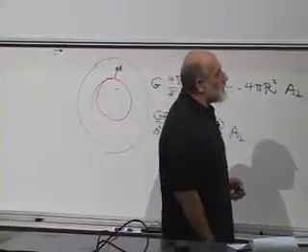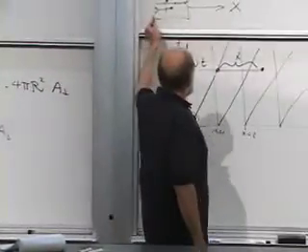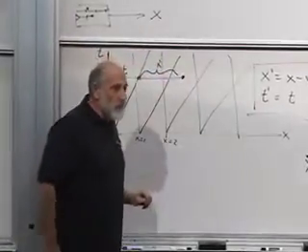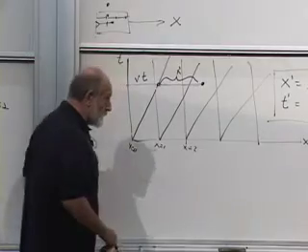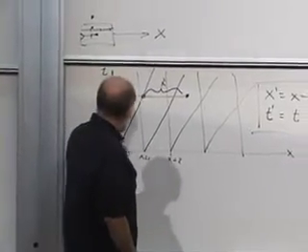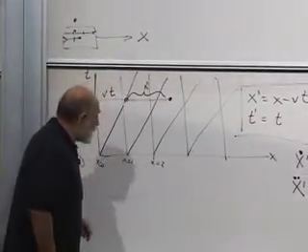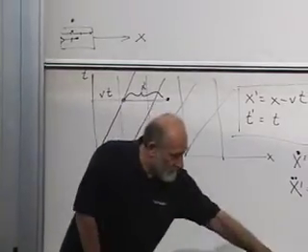But now let's suppose that the elevator is not moving with uniform velocity, but that it's moving with uniform acceleration. Then the distance that the elevator moves is not vt. What is it?